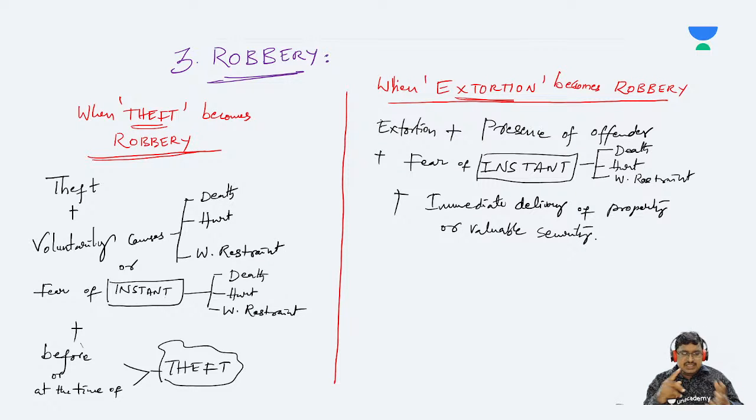Thereafter, there must be an immediate delivery of the movable property or immovable property or valuable security. If these ingredients are fulfilled, then the extortion becomes robbery, friends. The extortion becomes robbery. This is about robbery.